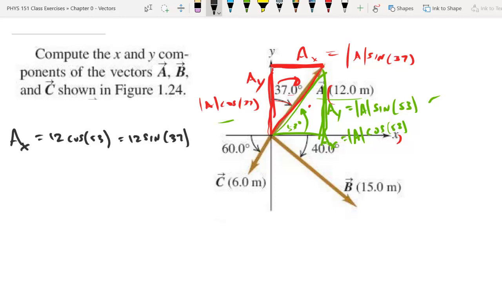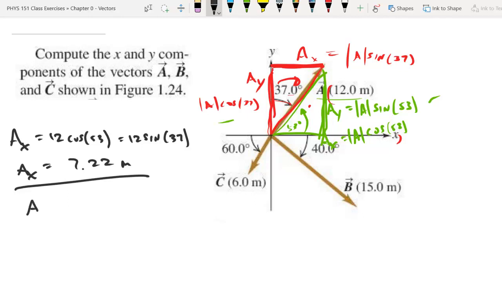So AX is 7.22 meters. I'll typically carry extra sig figs in calculations, just so you can use those to validate your work.